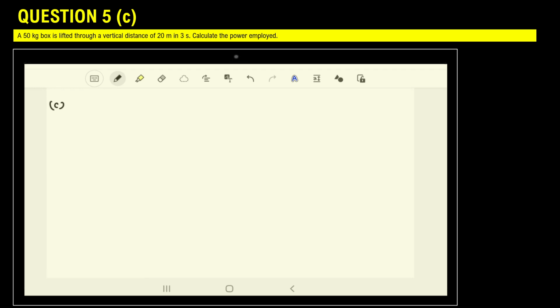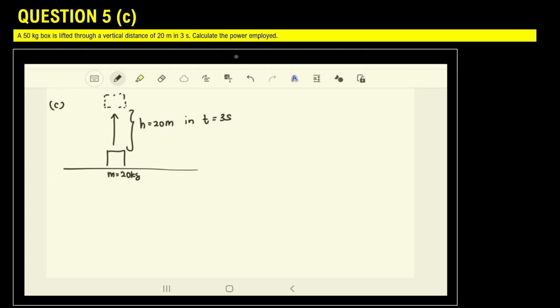A 50 kg box is lifted through a vertical distance of 20 meter in 3 seconds. Let's say this is a floor, and we have a mass here. The object is lifted upward, and the height is 20 meter in 3 seconds.